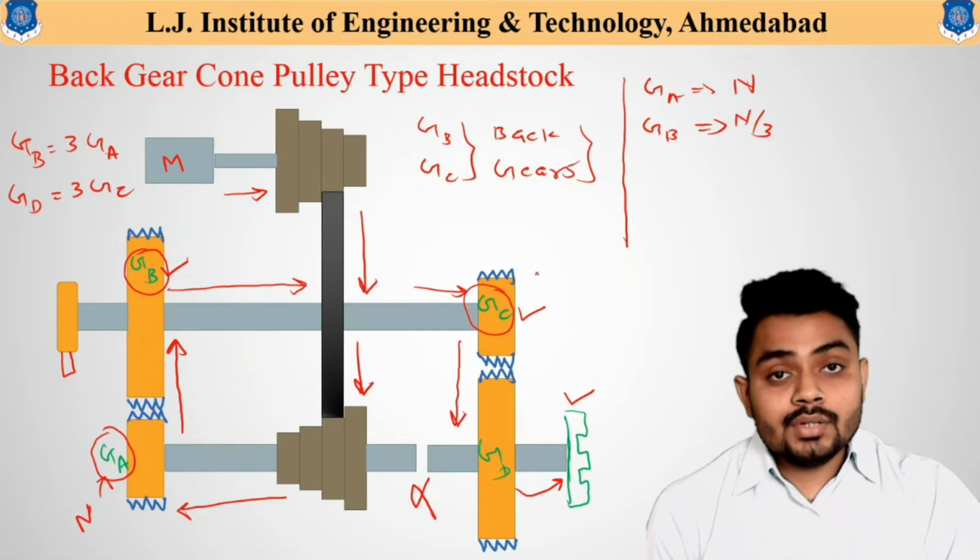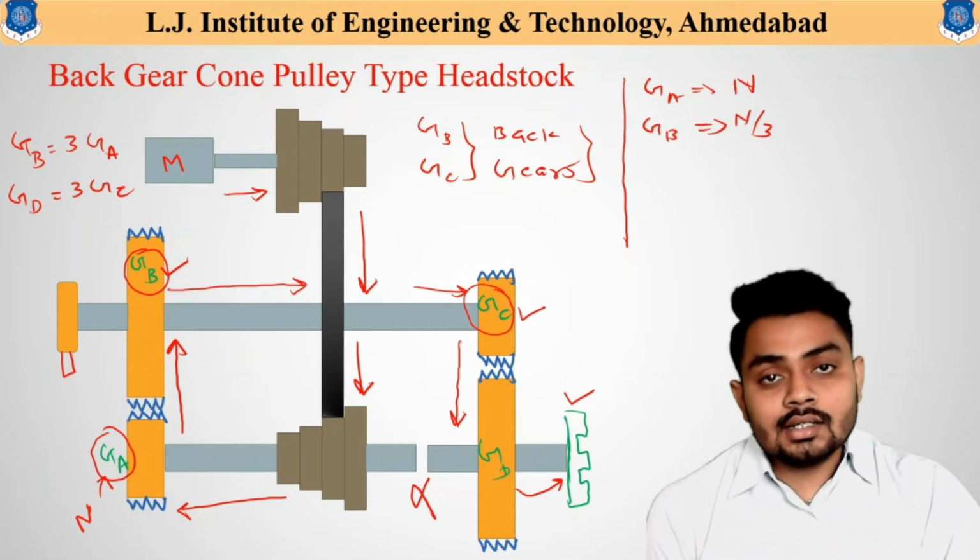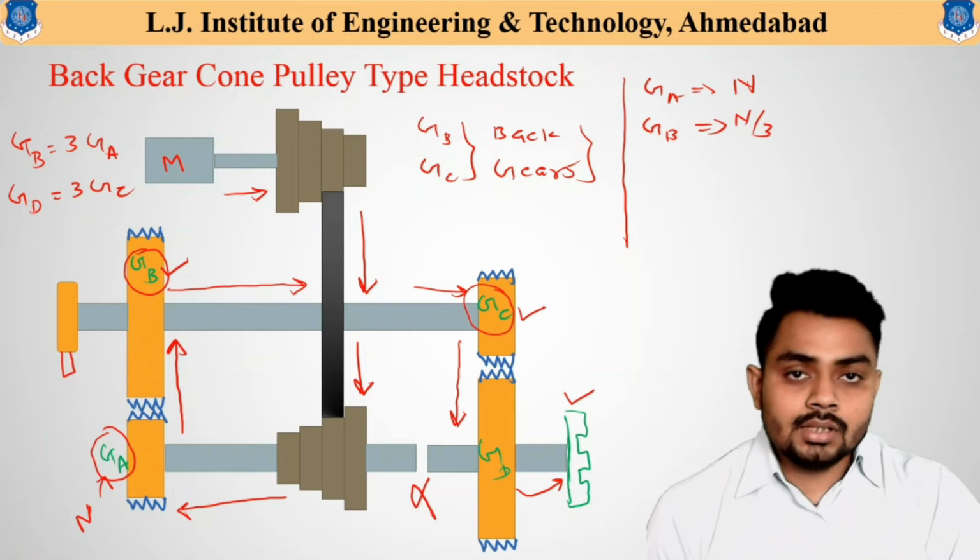That means RPM is reduced to a third of the regular RPM available.